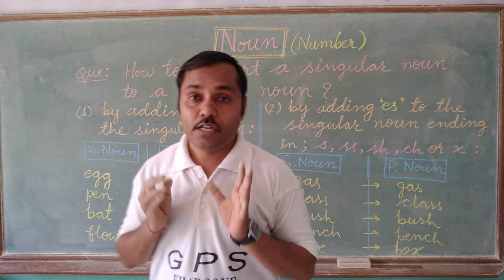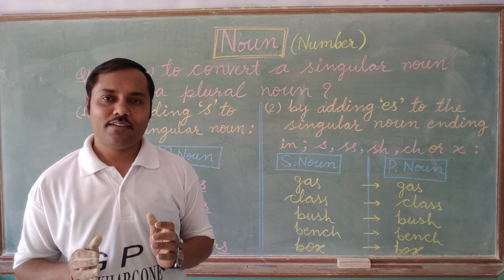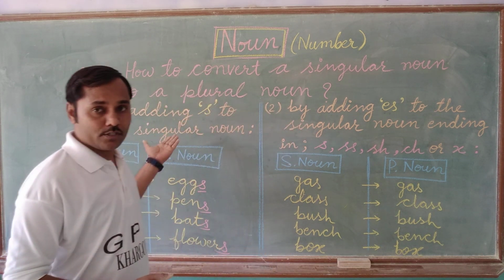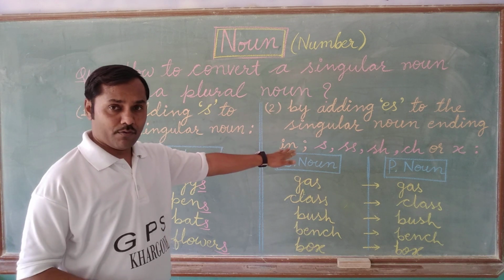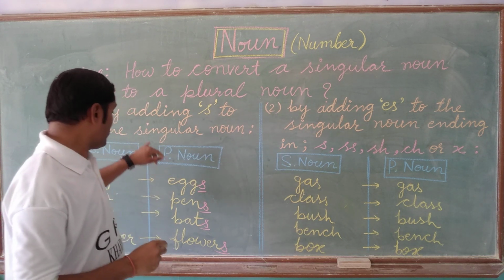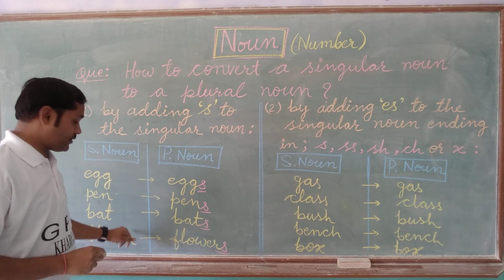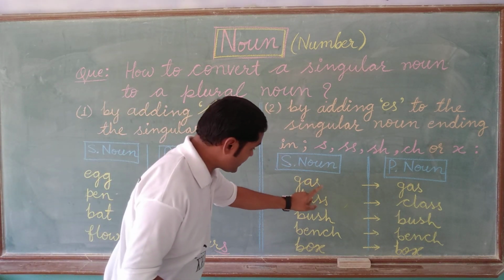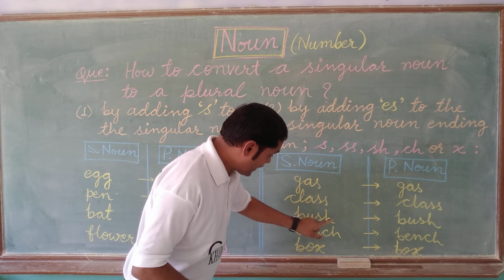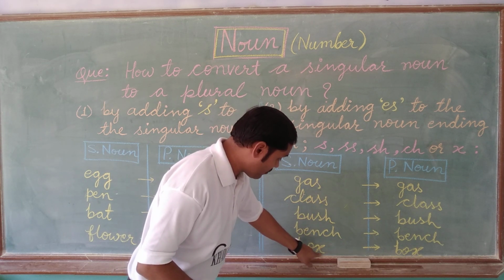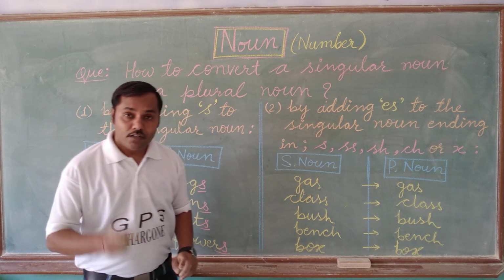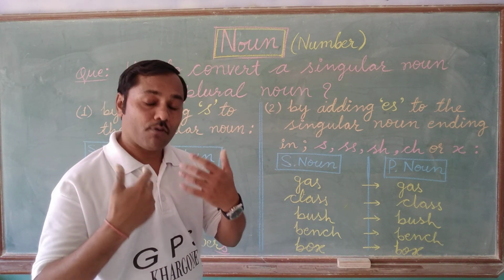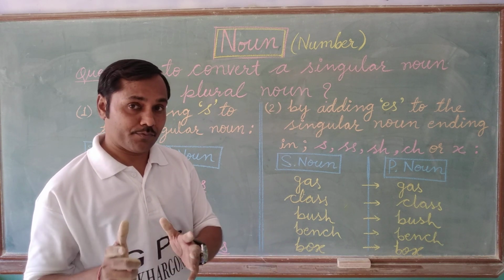Yes, these are some situations when we adopt this second way, not the first way. What is the condition? When the spelling of your singular noun is ending with S, double S, SH, CH or X. One more letter is there, O, but we'll discuss it later because there are some exceptions also.